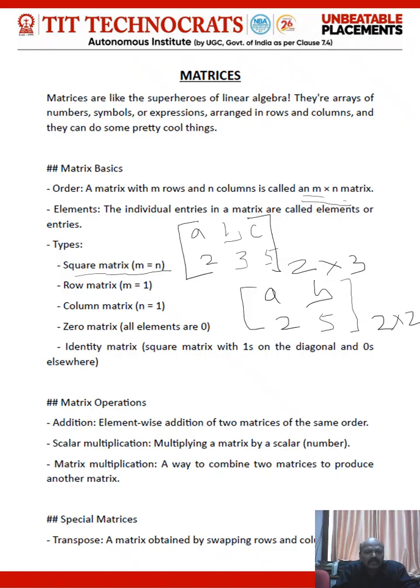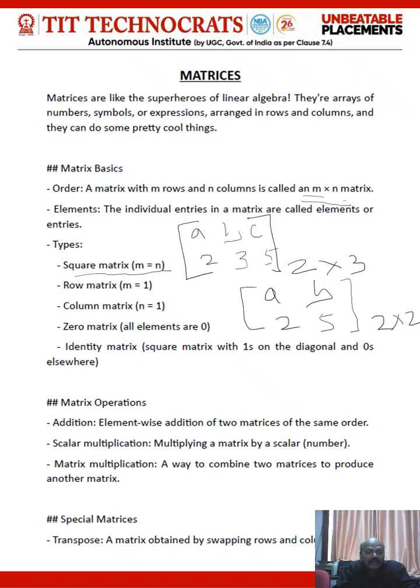So similarly we have row matrix. Similarly we have column matrix. A matrix containing only a column is called a column matrix. A matrix containing only a row is called a row matrix. We also have zero matrix. A matrix in which all elements are zero is called a zero matrix. Apart from the zero matrix, an important matrix is the identity matrix.